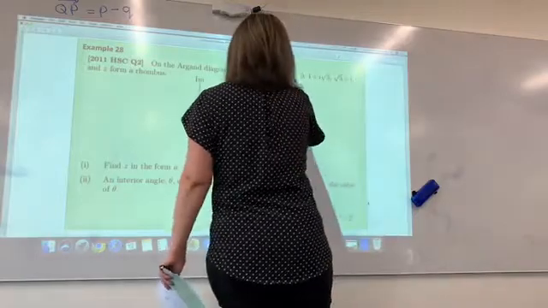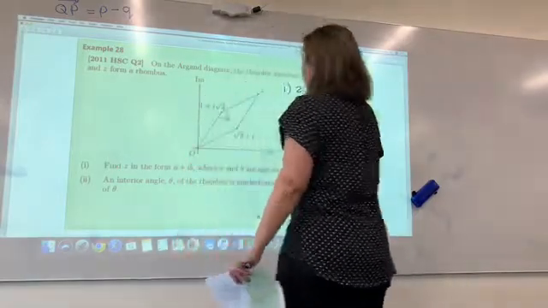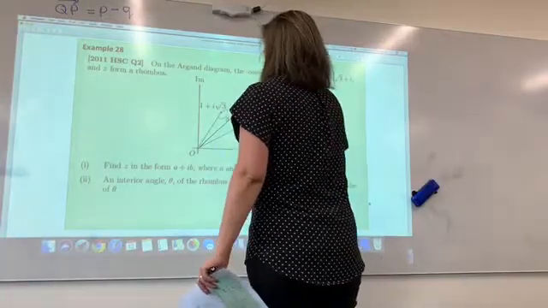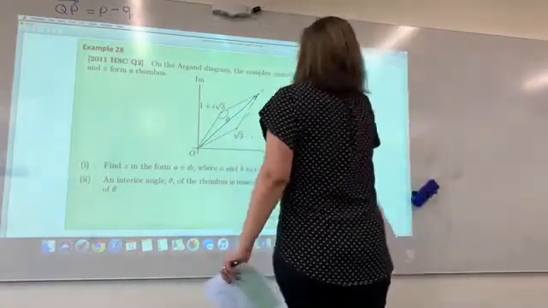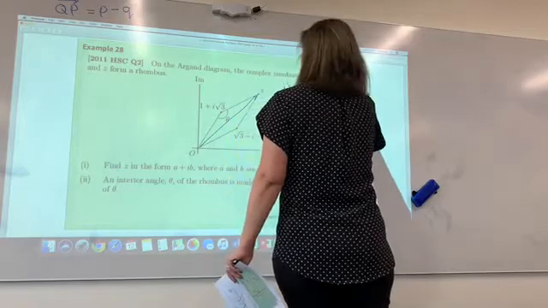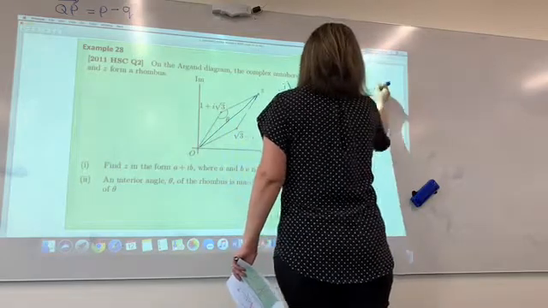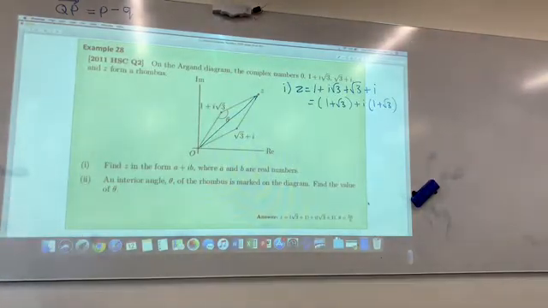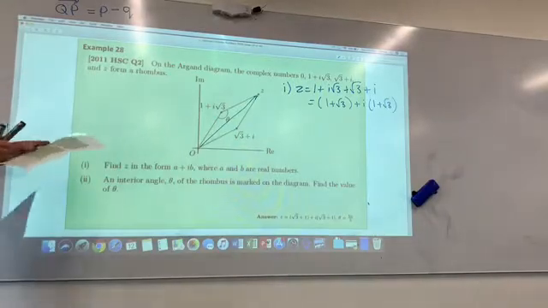I'll do part 1 up here. So part 1, just plussing them, because that's going to give you that vector in there to Z. So 1 plus i root 3 plus root 3 plus i. And interior angle theta of the rhombus is marked on the diagram. Find the value of theta.